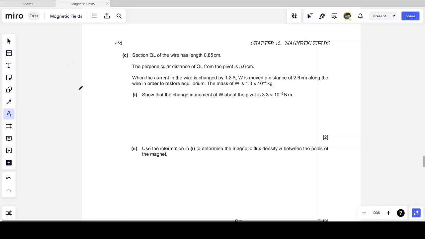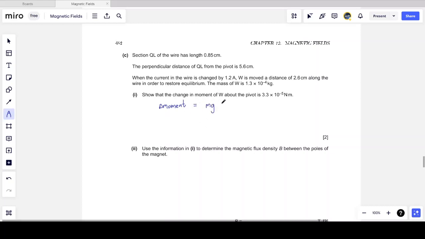So how do we find the change in moment? So what do we know? We know that the moment changes when the current changes because the force changes. So the change in moment, if you remember, is the change in force times the change in distance.